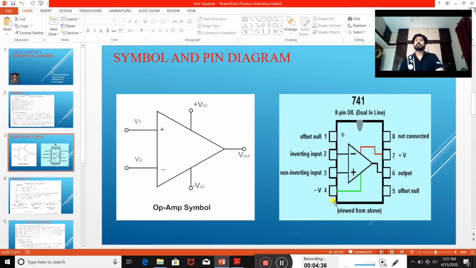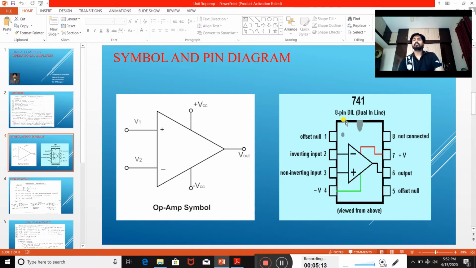Pin number 2 is the inverting terminal and pin number 3 is the non-inverting terminal. Pin number 4 is for the negative VCC and pin number 7 is for the positive VCC. Output will be collected at pin number 6. Pin number 8 is not connected, which can be used for future applications.